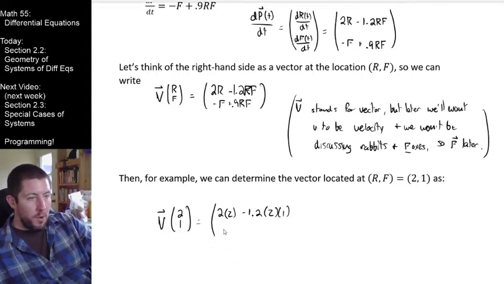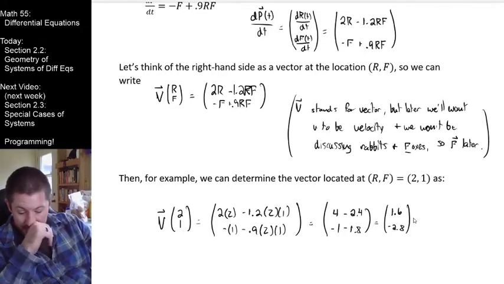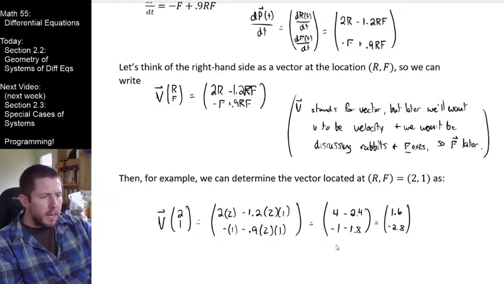On the bottom, I'm going to get negative 1 minus 0.9 times 2 times 1. If I go ahead and evaluate this, it looks like I'm getting 4 minus 2.4. I'm getting negative 1 minus 1.8. And so it looks like I'm getting the vector 1.6, negative 2.8. So what that tells me is that, oh, wait a minute, did I?